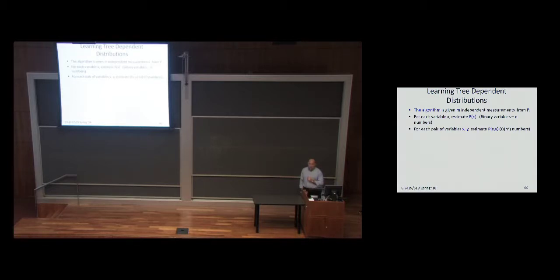What does that mean? So think about naive Bayes. How many numbers do you need to estimate in order to learn naive Bayes? If you have n variables, how many numbers do you have to estimate? How many labels are there?